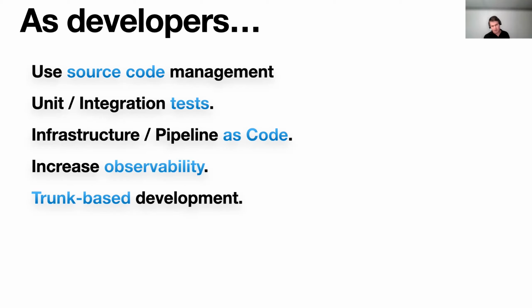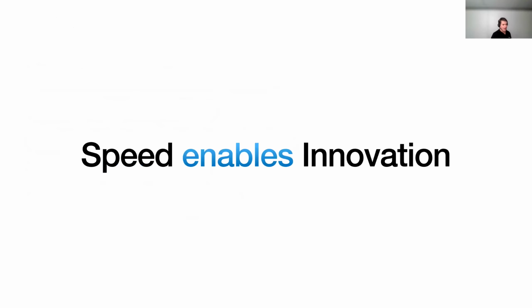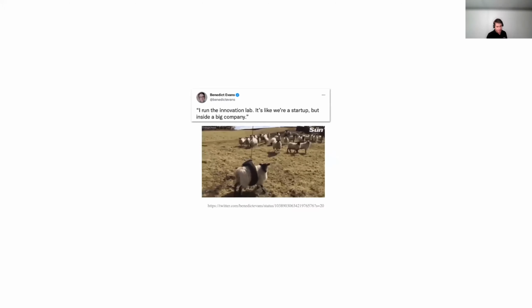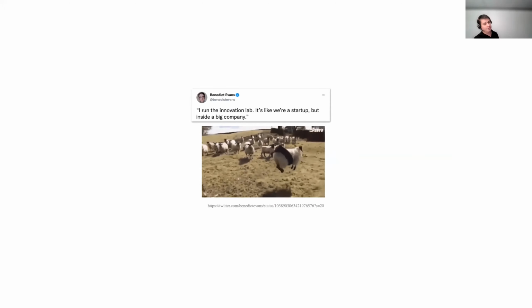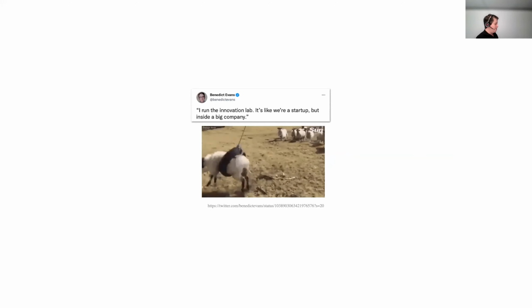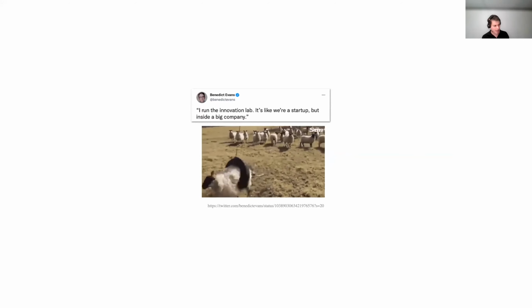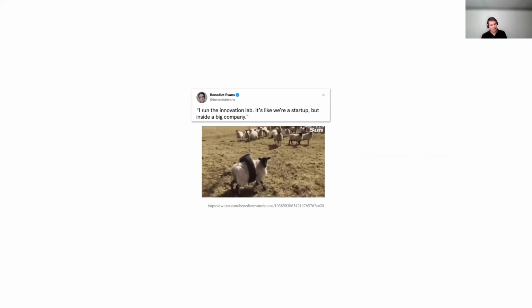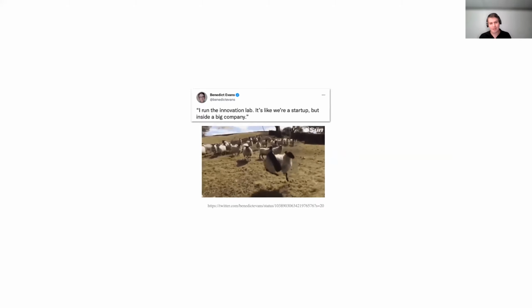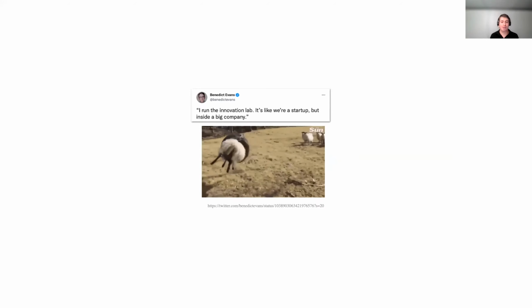But now let's take a look also at another very nice effect of speed, which many people overlooked. Speed is actually an innovation enabler. So if your organization has an innovation department, or an innovation hub or whatever it's called nowadays, you are probably not doing innovation, you are encouraging innovation.